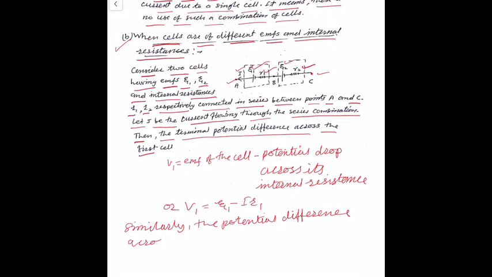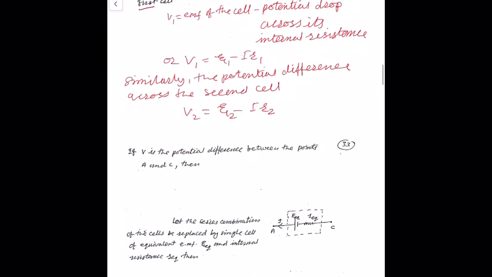Similarly, the potential difference across the second cell, V2, is equal to E2 minus I r2.